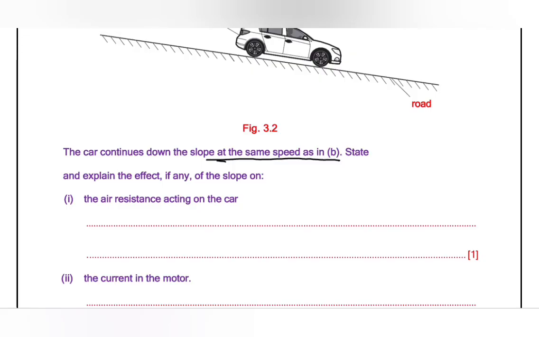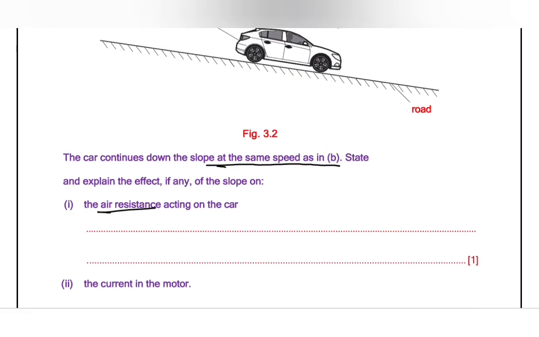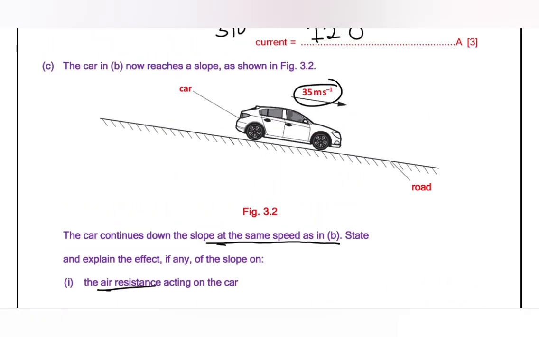Now, the first thing we need to know is this. Air resistance depends mainly on the speed of the car. From the question, the car continued down the slope at the same speed of 35 meters per second. Thus, the relative speed between the car and the air does not change.